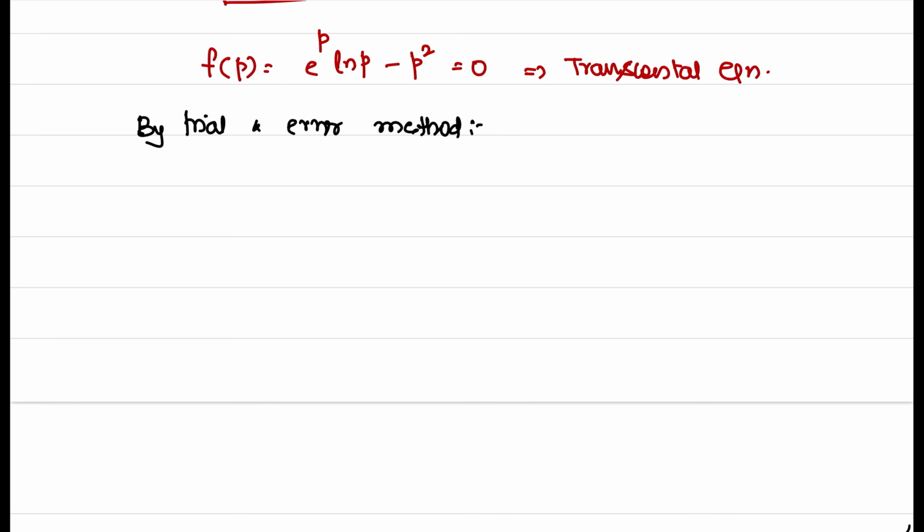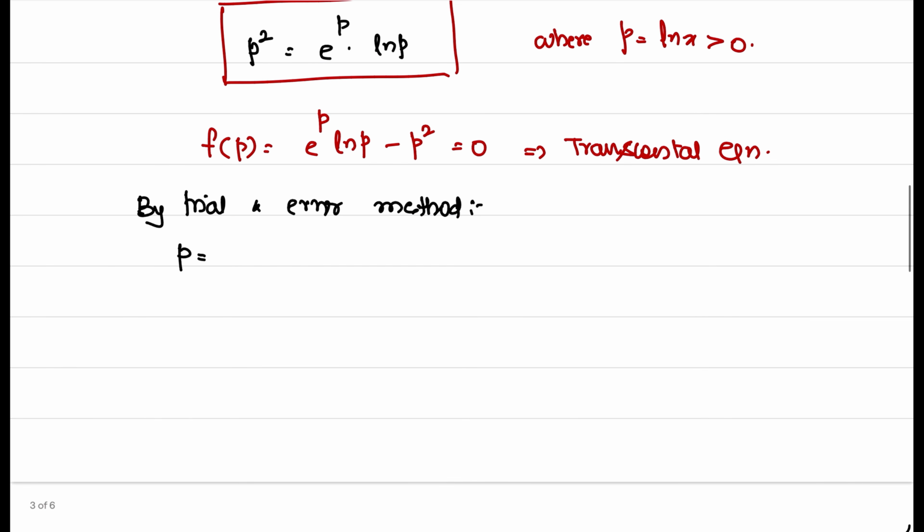Let us say P is equal to 1. That means left hand side is equal to P square is equal to 1 square, that is equal to 1.